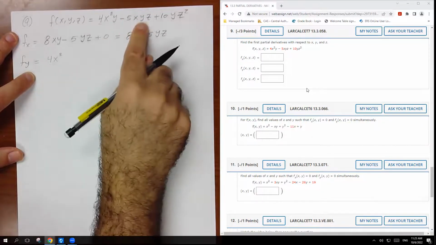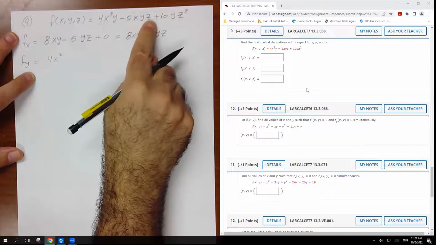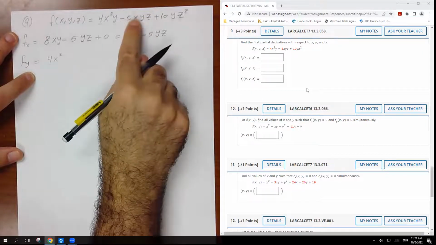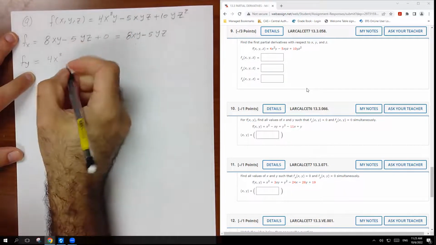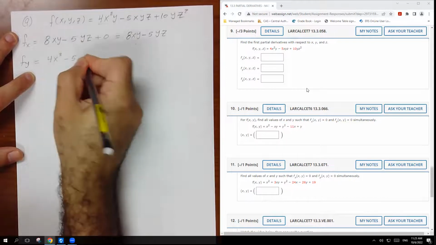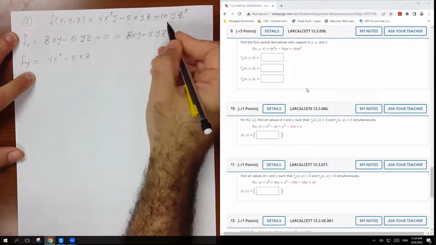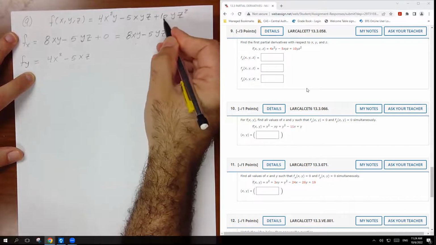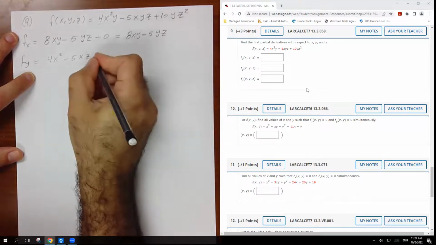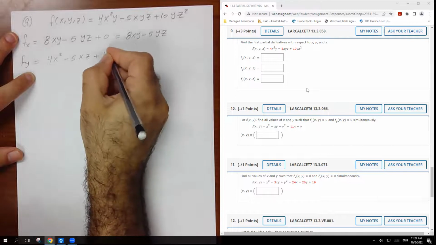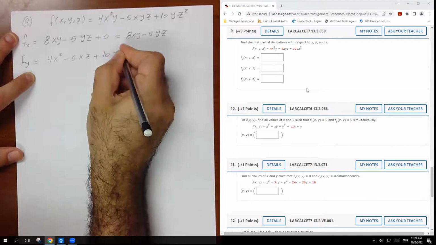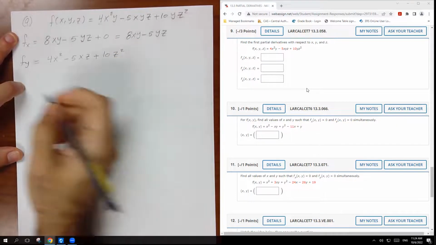Minus the derivative for the y, so x is z, that means negative 5xz. And the derivative for the y is going to be 10z squared. So plus 10z squared.